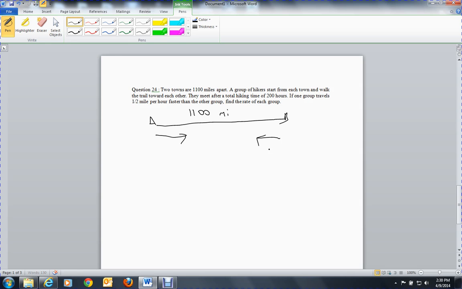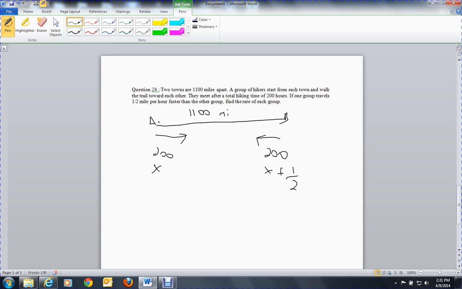After 200 hours, they meet up. One group, we don't know how fast they went, so we're going to call that one X. The other group says they went a half mile per hour faster, so that's going to be X plus 1/2.